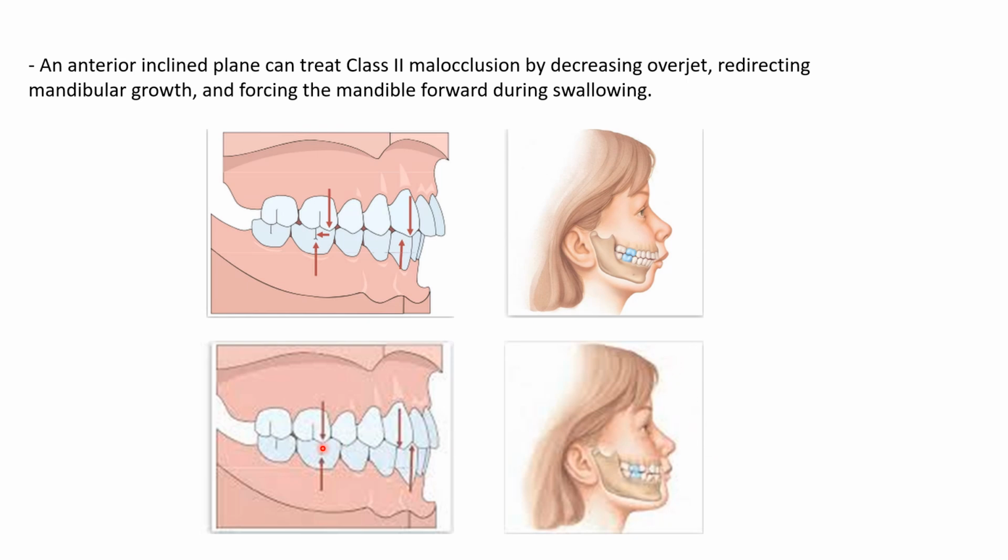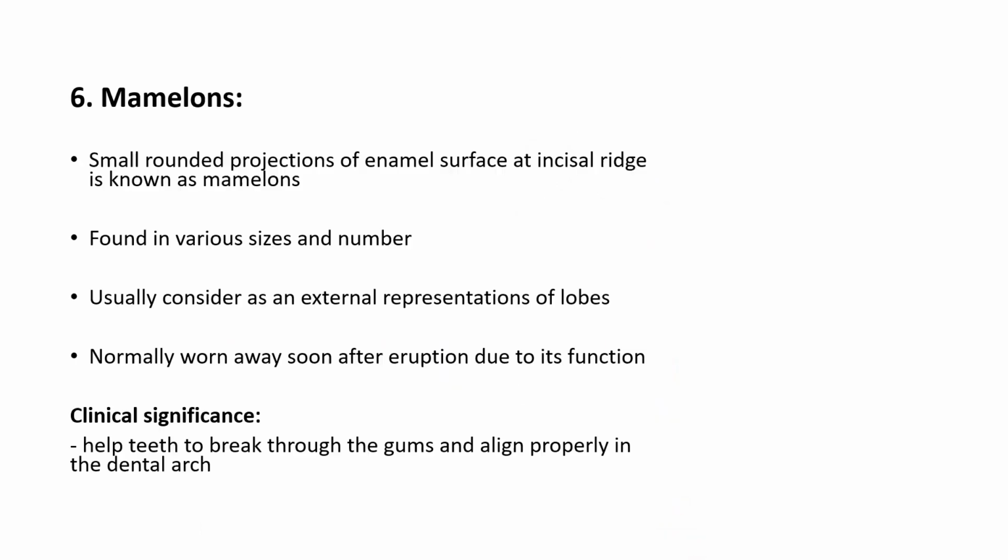So now the jaw has been corrected here. This is what a class 2 malocclusion is, and it has to be corrected by this inclined plane. You can make out the cuspal inclined plane. So this inclined plane can be helpful in the correction of class 2 malocclusion.